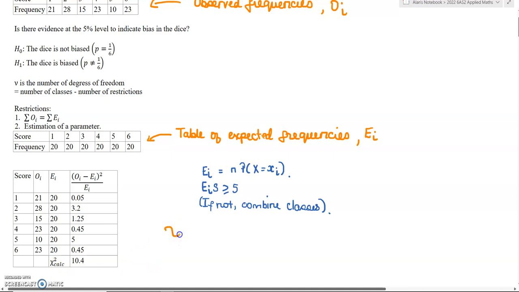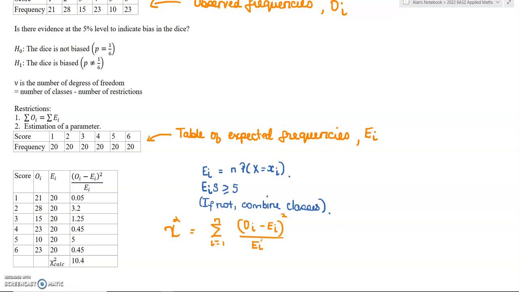So your chi-squared calc is equal to the sum of i going from 1 to n of the observed frequencies minus the expected frequencies, squared, divided by the expected frequency. And our chi-squared calc is 10.4. Now this chi-squared calc is what we call our test statistic.